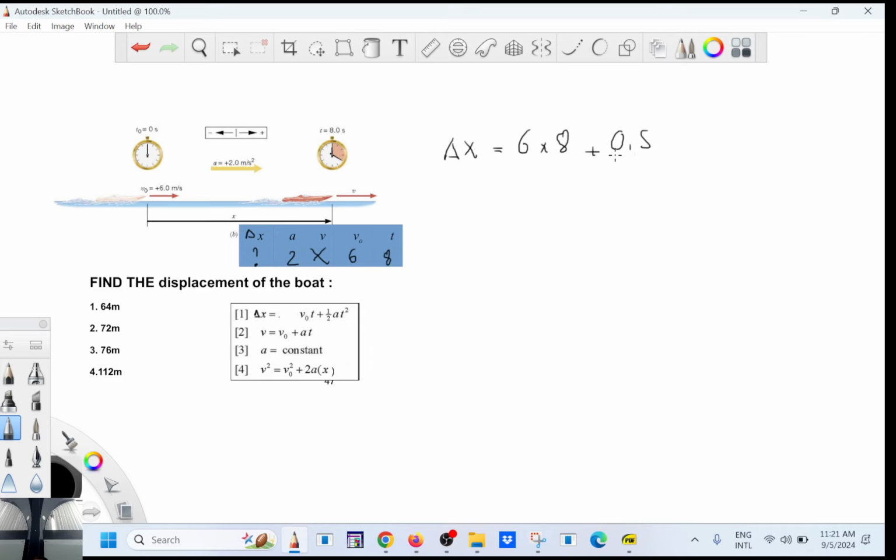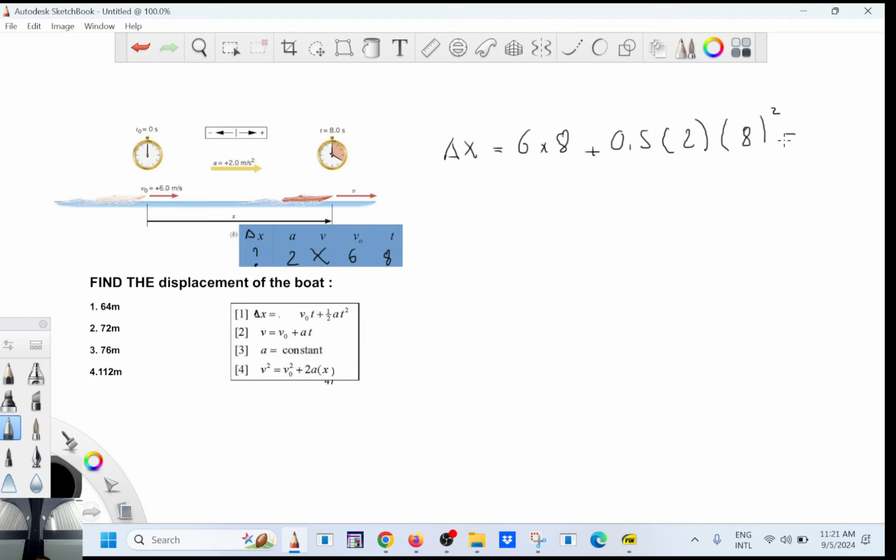So put 0.5, it's easier. 2 times 8 squared, right?